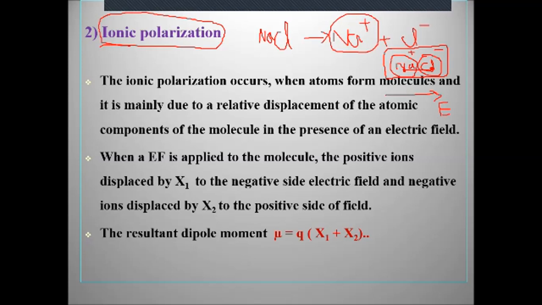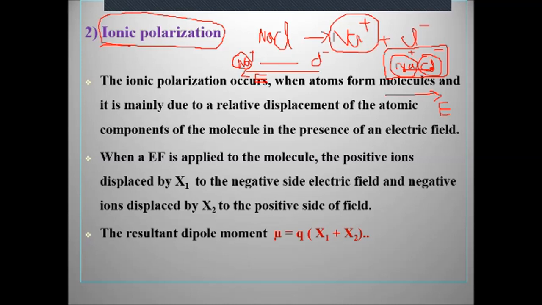So there is a separation of Na plus and Cl minus after applying the electric field. This is called ionic polarization.